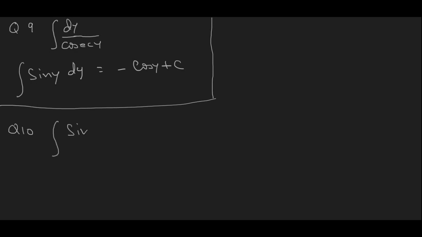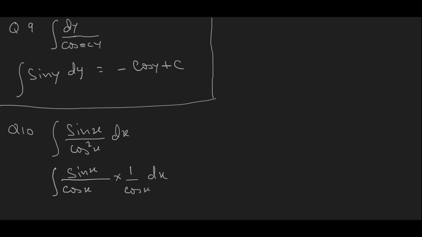Now question number 10, integral sin x over cos square x dx. Now here we will split cos square x as cos x into cos x. Sin x over cos x multiplied by 1 over cos x dx.